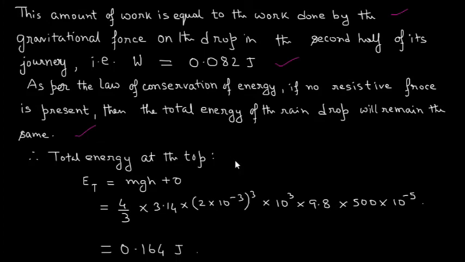Total energy at the top, Et, is equal to mgh plus 0. Putting the values of mg and h, we get 0.164 joule.